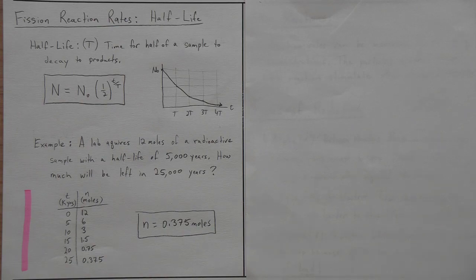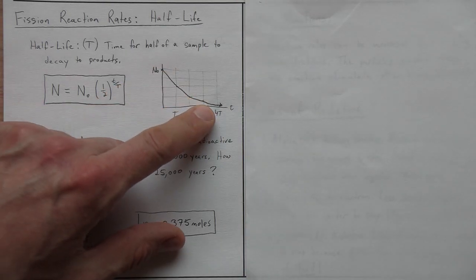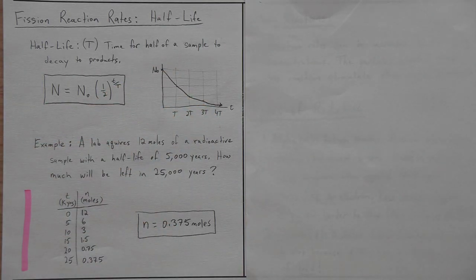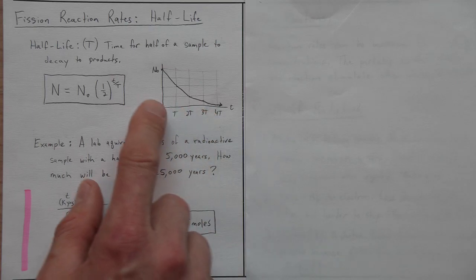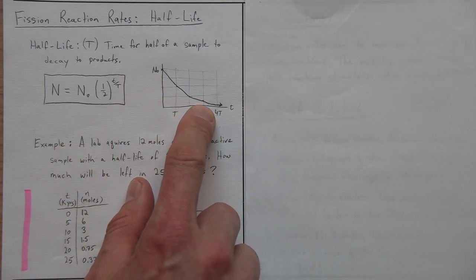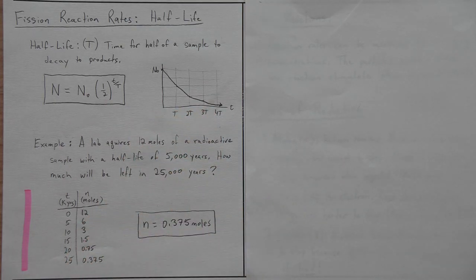So that carbon's trapped in their body, and it's decaying over time like this. When you discover those bones or any material of the living thing that's left, you can measure how much radioactive carbon is left, and then you could say, wait a minute, we have 1/8 of the original. That means 3 half-lives have gone by, so you take 5,000, whatever the half-life of carbon is, and multiply it by 3, and you find how long ago that thing was living. So that's the concept of a half-life.